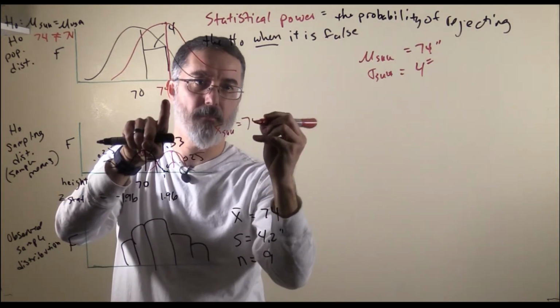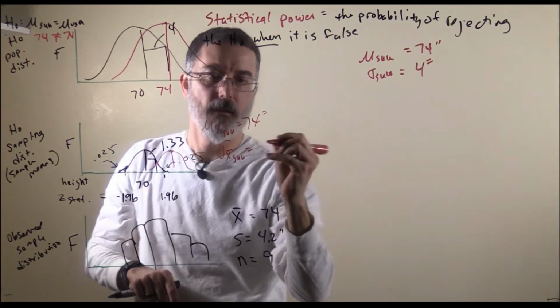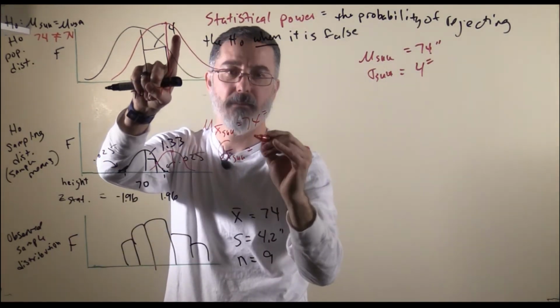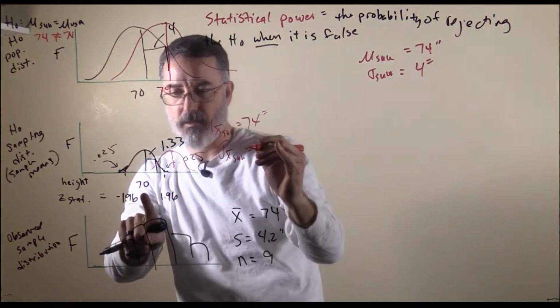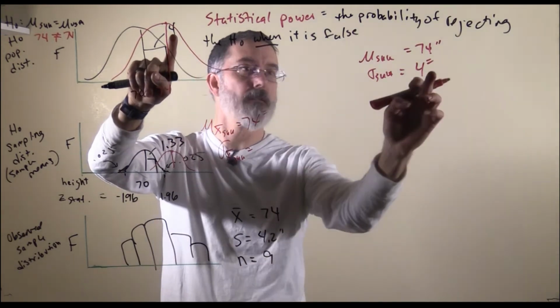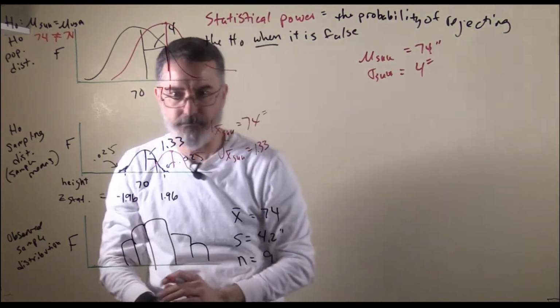It's going to be the same as the population. And its standard error is going to be the same as it was before, because the same values are going to go into it. We said 4 and 4. So its standard deviation is going to be 1.33.